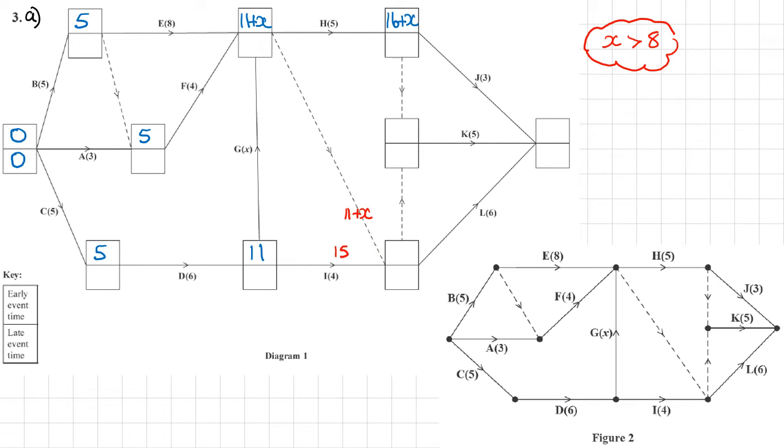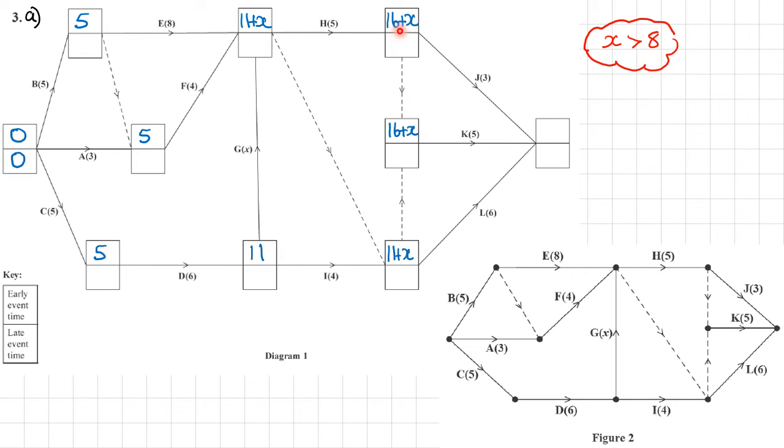So I'm going to have 11 plus X here because that's the largest of those 2 values. And then we'll move to this point here. So there are 2 ways of getting here. The 16 plus X and the 11 plus X. So the 16 plus X is the larger of the 2. So 16 plus X.